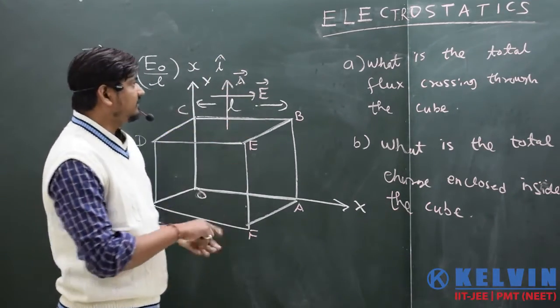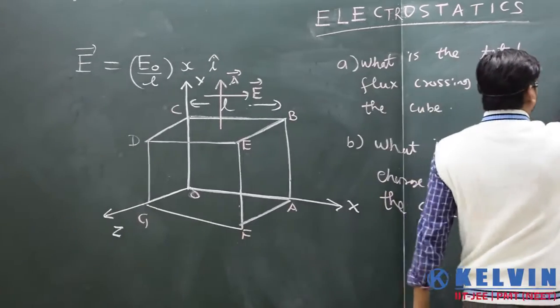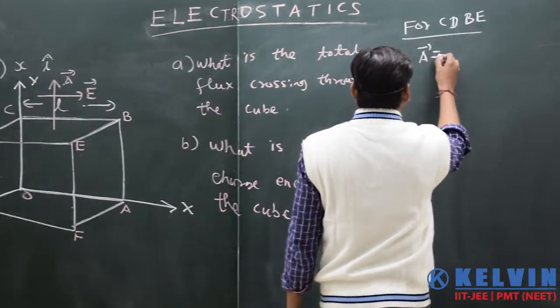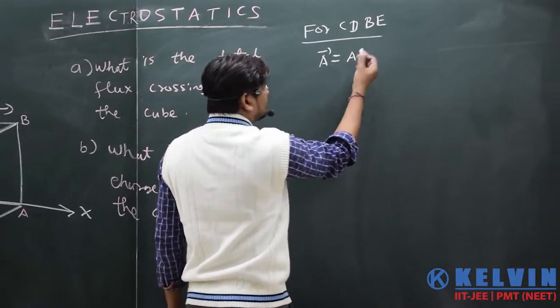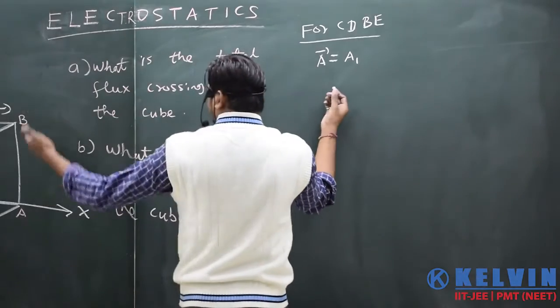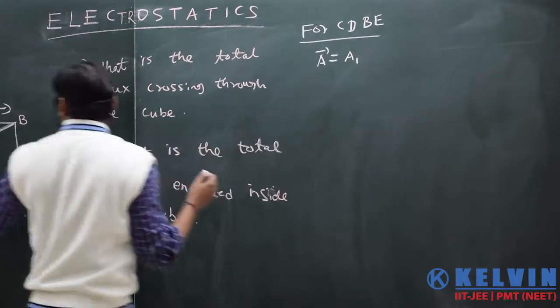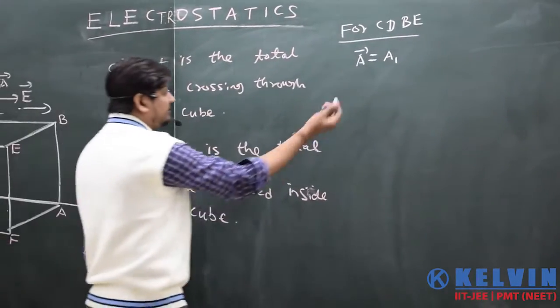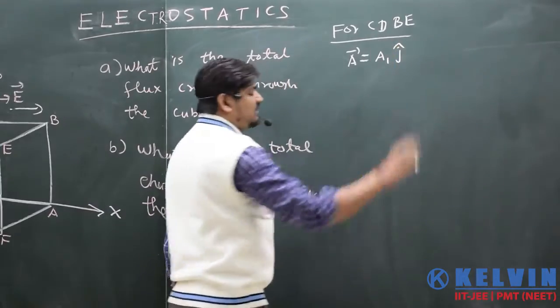We can also write the area vector as, say, A1 of the area in the y direction, which is j cap.